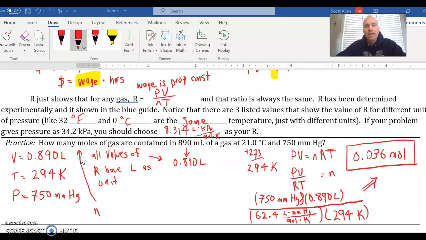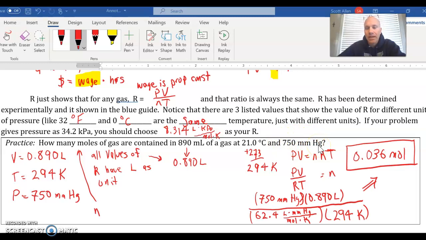First of all, in this problem, what value of R are we going to use? We know that we're going to use PV equals nRT, and the value of R depends on the units of pressure. Here's our pressure, 750 millimeters of mercury.